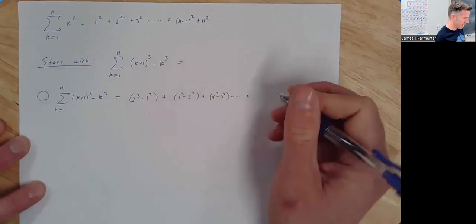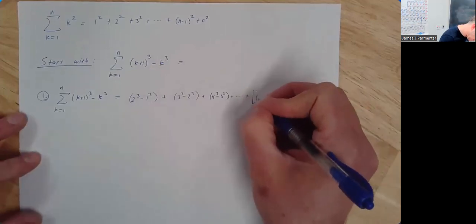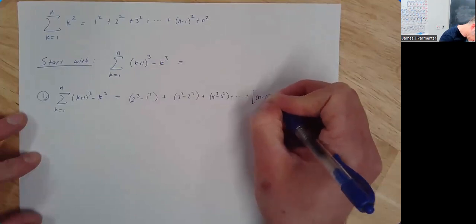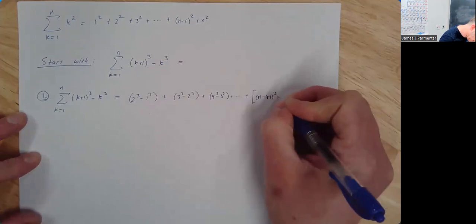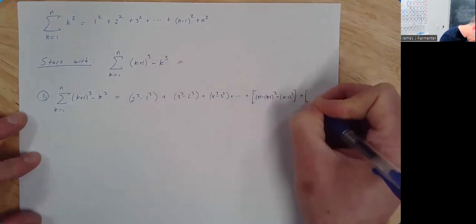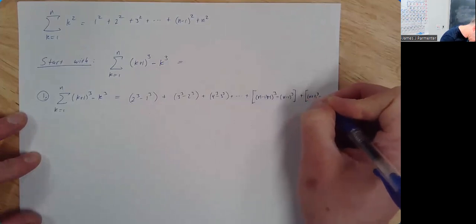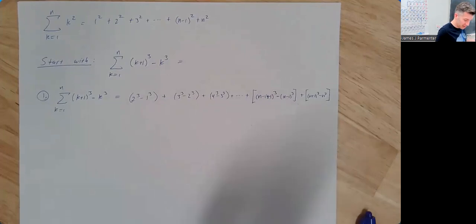I like to at least go to n minus 1; I don't like to go to just the last term. So I'm going to get an (n minus 1 plus 1) cubed minus an (n minus 1) cubed. And when I plug in n, I'm going to get an (n plus 1) cubed minus an n cubed. And so just like the previous example, lots of things cancel.